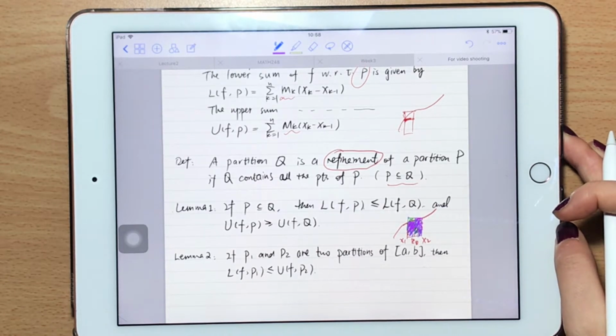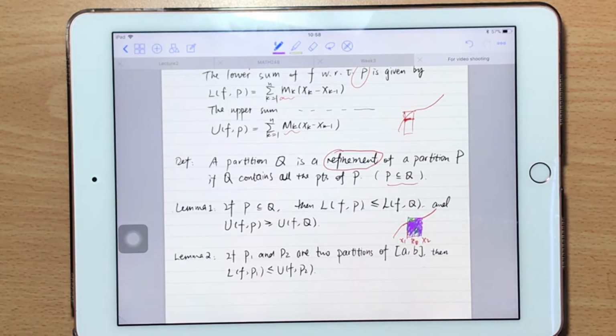And the second lemma is still quite straightforward. If you are given two partitions P1 and P2 on an interval [a, b], then the lower sum of f with respect to P1 is smaller than or equal to the upper sum of f with respect to P2.